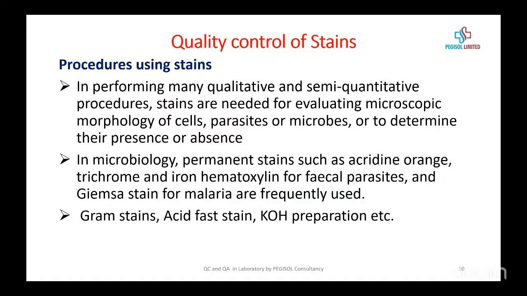In microbiology, permanent stains such as iodine, trichrome, and iron hematoxylin for fecal parasites and Giemsa stain for malaria are frequently used. So we have Gram staining, acid-fast stain, and others.